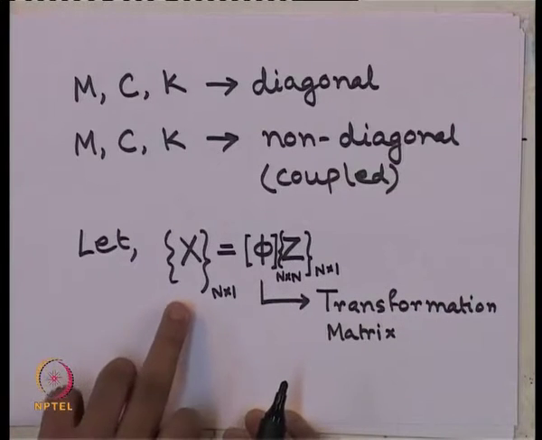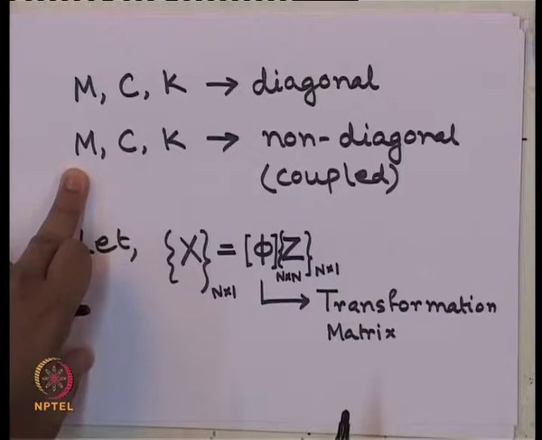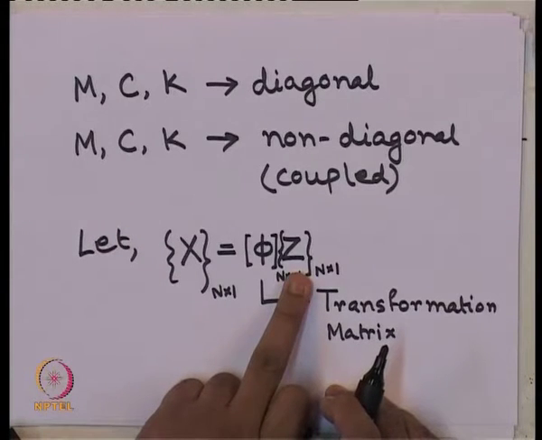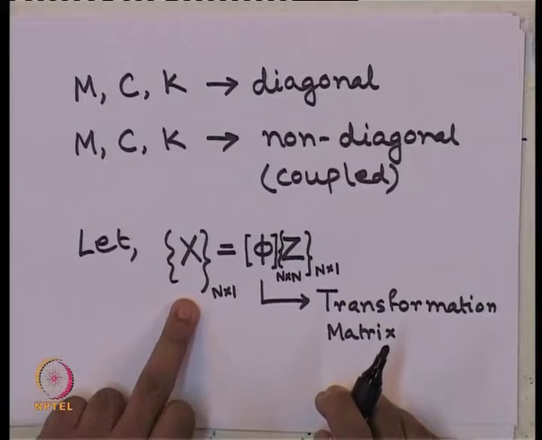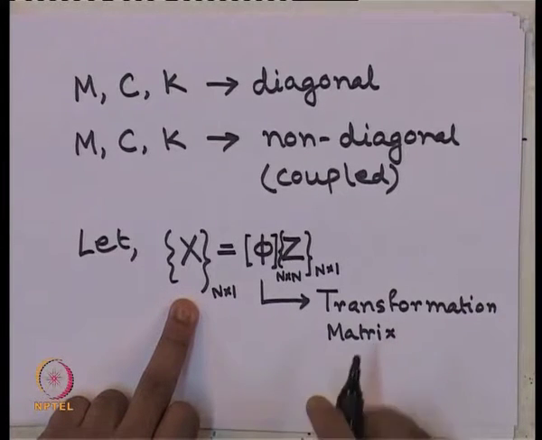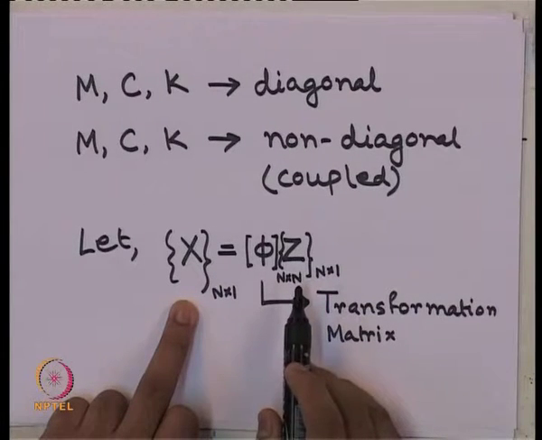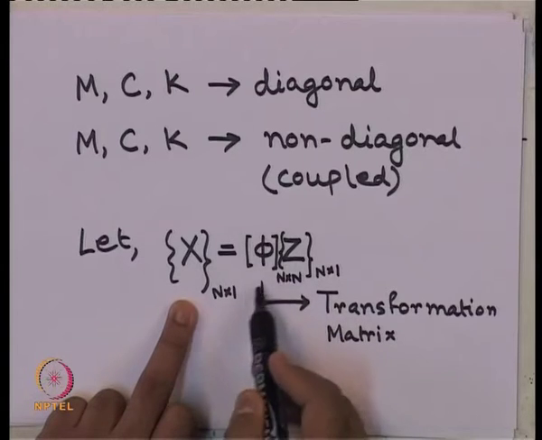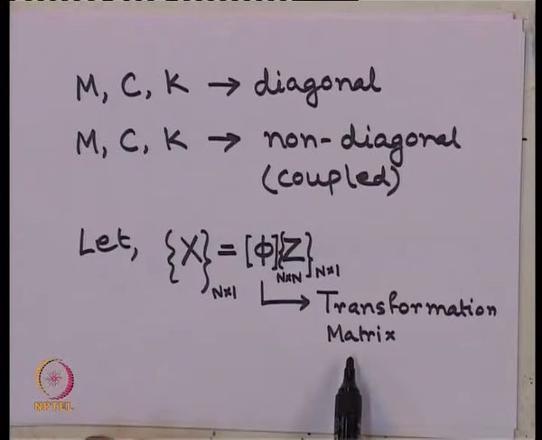What does it mean? x is our chosen degrees of freedom in our assumed coordinate system, whereas z is nothing but the natural coordinate system where we get M, C, K all diagonal. So, we are transforming our assumed coordinate system to the natural coordinate system, because then our solution will be easier. That is why we are using an operator which is nothing but the transformation matrix.